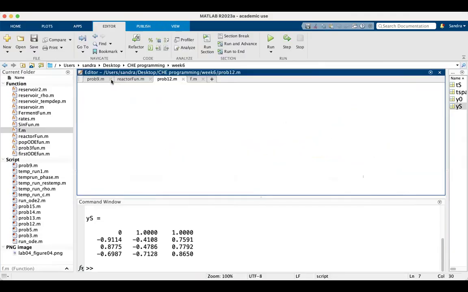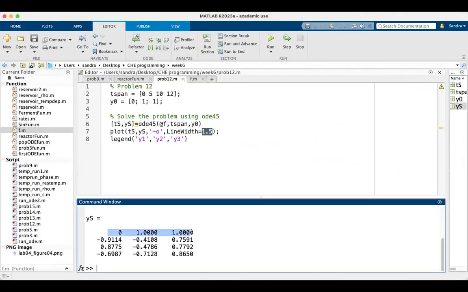Okay. Now these are the values. The first column is for y1, second column is for y2, and the third column is for y3. And each row means a time: first is 0, then time equal to 5, time equal to 10, and time equal to 12.